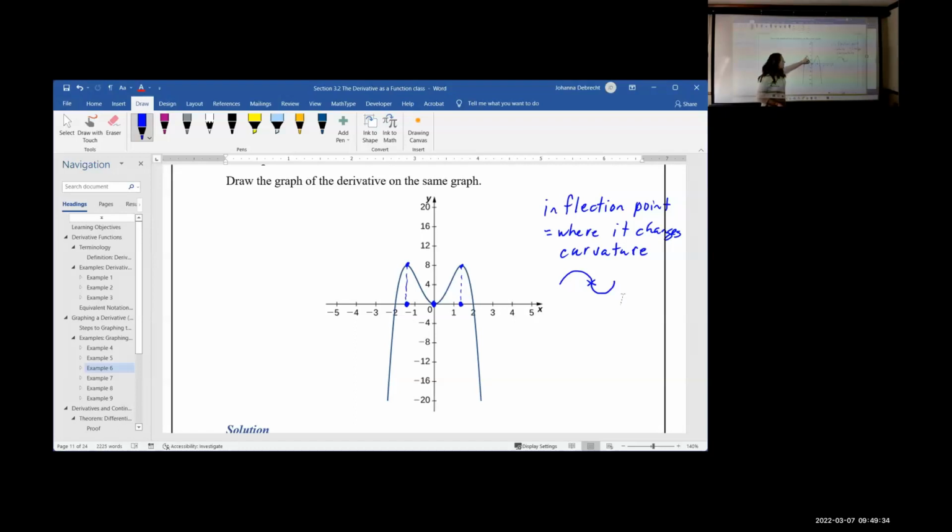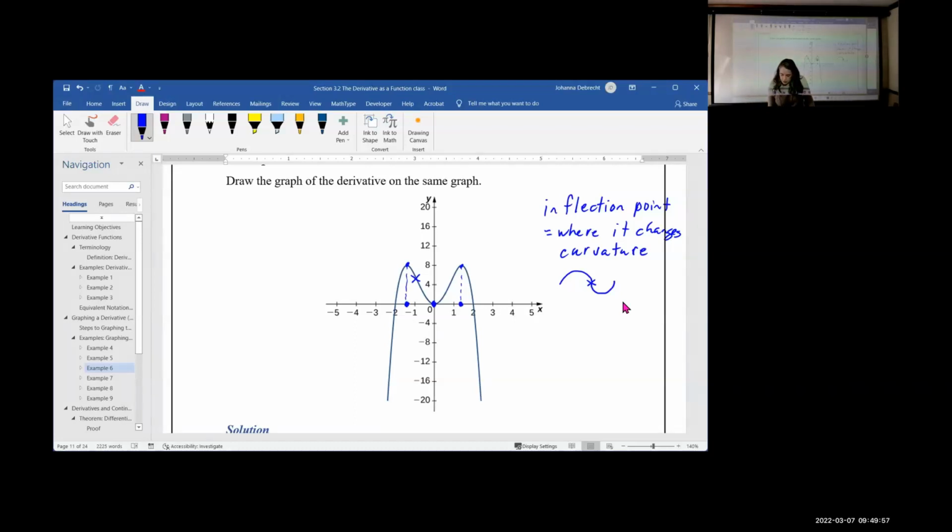So we're looking to see where we can tell that it's no longer cupped one way, but it's cupped the other way. And we're going to put an X on it. Now, you just kind of have to eyeball it. All right. I think it's about there. Inflection points become maximums and minimums on the derivative.